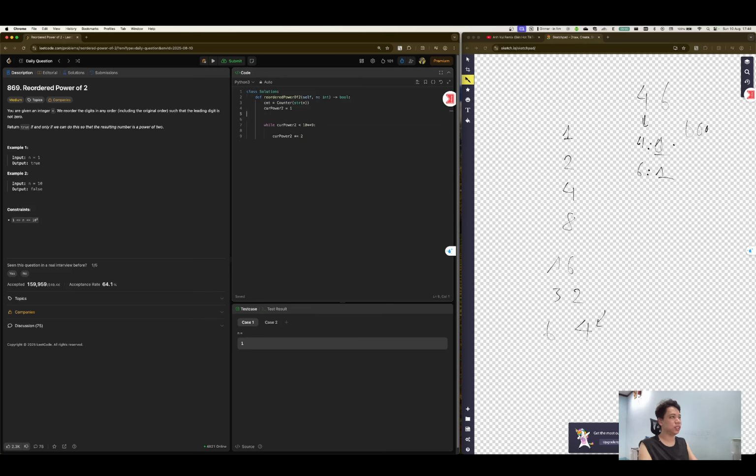Actually we can do it in this way instead. We take the counter of the power of 2 and check if all the elements are the same.